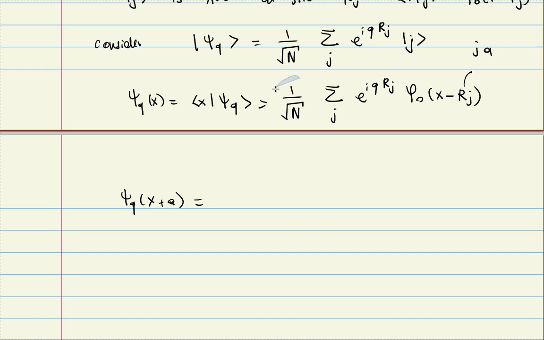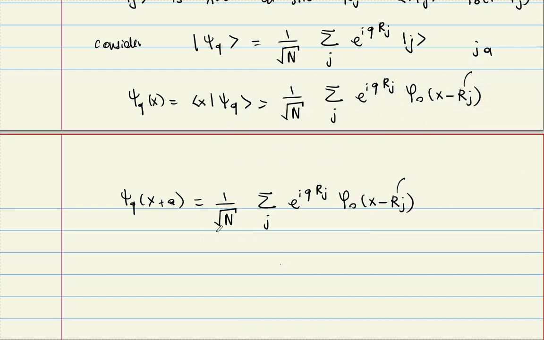Let me just write this, and wherever I see x, I'm going to write x plus a. This is the only place I see x, and I'm going to write x plus a. And this is a sum over all possible sites. Here, let me rearrange the site label. I can do r_j prime equal to r_j minus a, which is actually r_j minus 1.